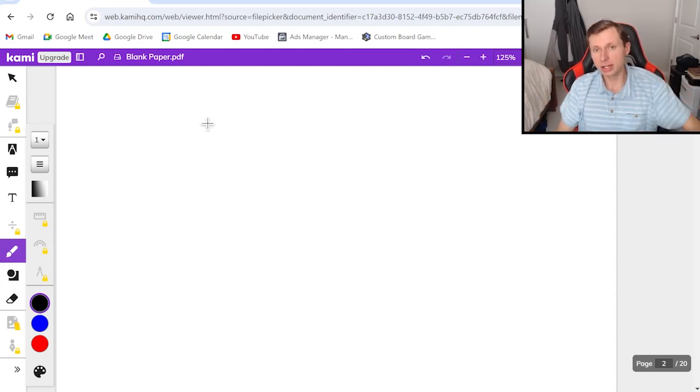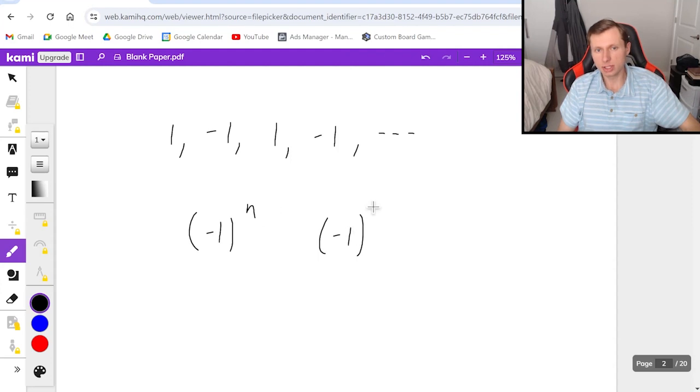And then the only other kind of sequence that I want to warn you about is if we have something that alternates, like 1, negative 1, positive 1, negative 1. Technically these can be any numbers, but 1 is the easiest. Whenever you have an alternating aspect to it, the answer is either negative 1 to the n or negative 1 to the n plus 1. How do I know which?